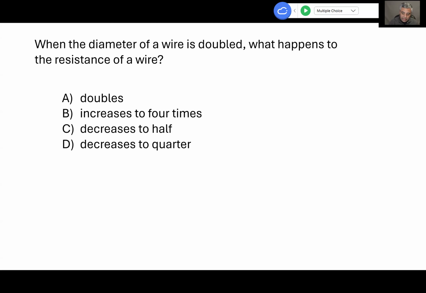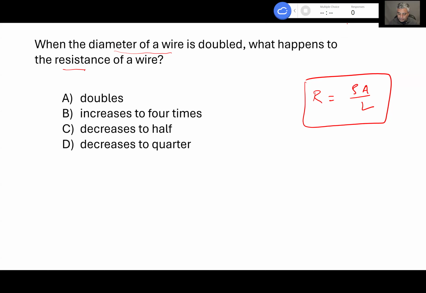So now here is a question in terms of the diameter of the wire. The equation for your convenience, I think it was rho A over L. That is the relationship we just learned. So what do you think?